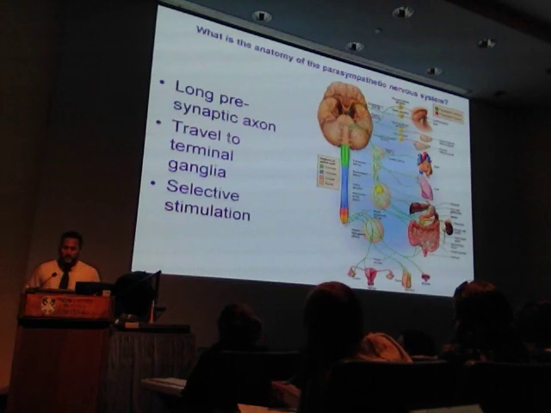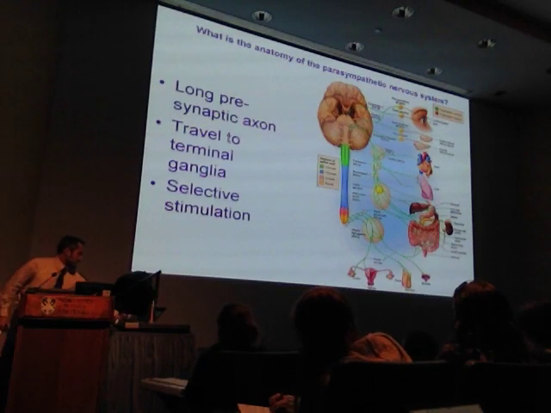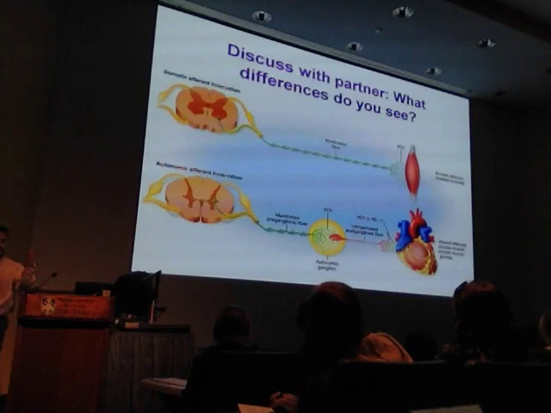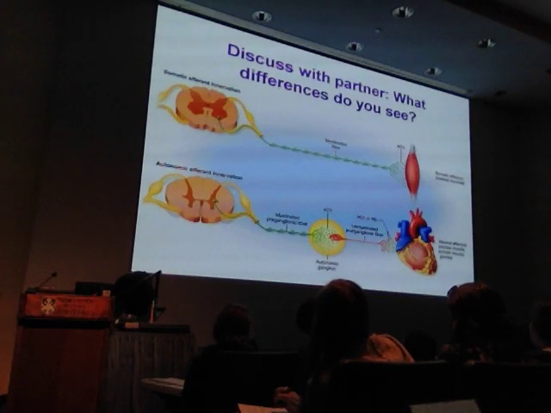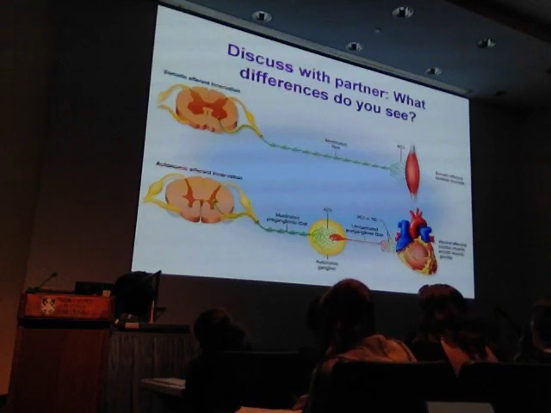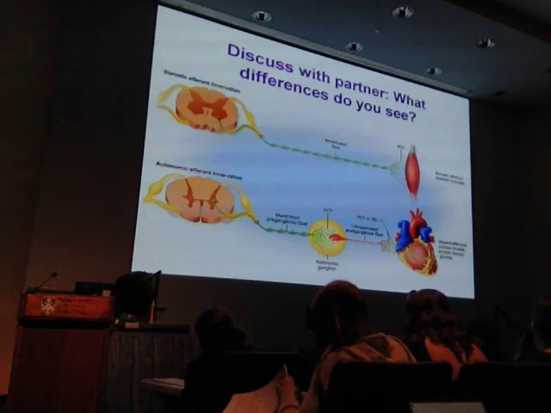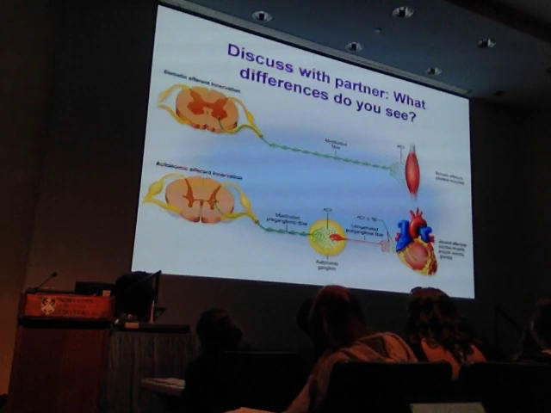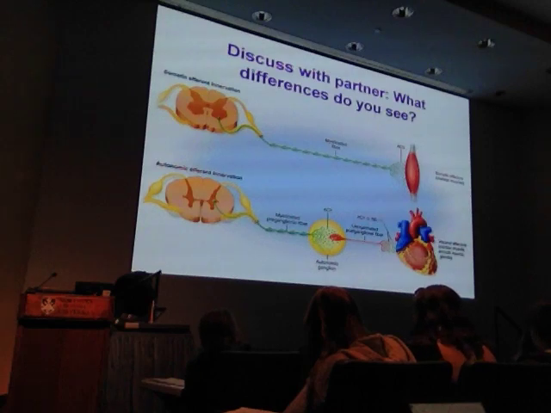So for example, if we look at this next slide and we look at the architecture, or the way that these 2 pathways are oriented, we can see that this orientation gives us a myelinated fiber going to a skeletal muscle.